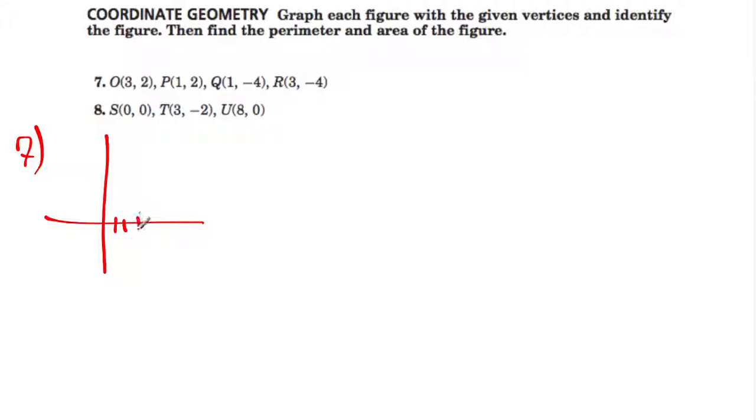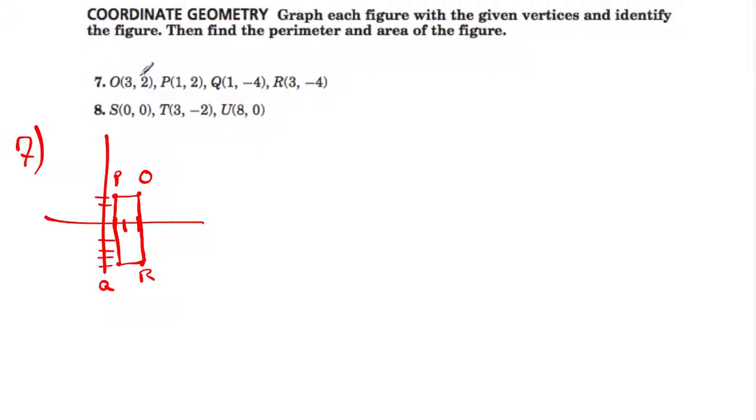I have 1, 2, 3, 1, 2. That's going to be O. And then I have 1, 2, and that's P. And then I have 1, 2, 3, 4, and that's going to be Q. Then I have R, which is 3, negative 4. It's a nice little rectangle there.